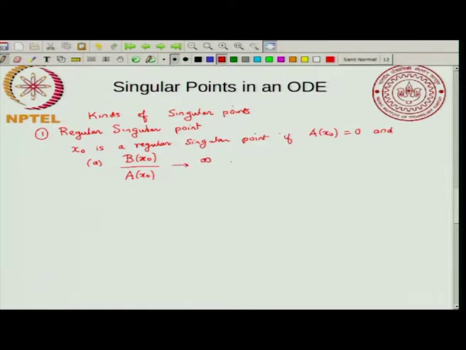But it should go at a rate slower than or equal to 1 by x0. So b of x0 divided by a of x0 should go asymptotically, as x tends to x0, as 1 by x0 to the power 1 or less. It should not go to a power greater than 1.